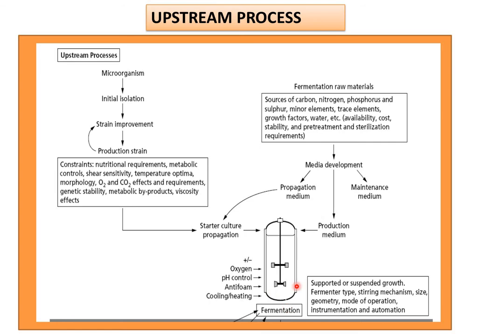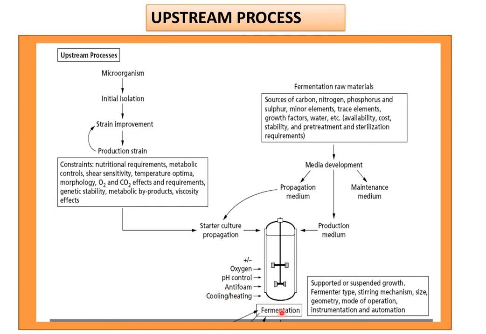So now during a fermentation process, basically this is a bioreactor where the fermentation is taking place. This fermentation is taking place under a controlled environment, under the control factors, that is oxygen, pH control, anti-foam, and with the involvement of the cooling or the heating systems.